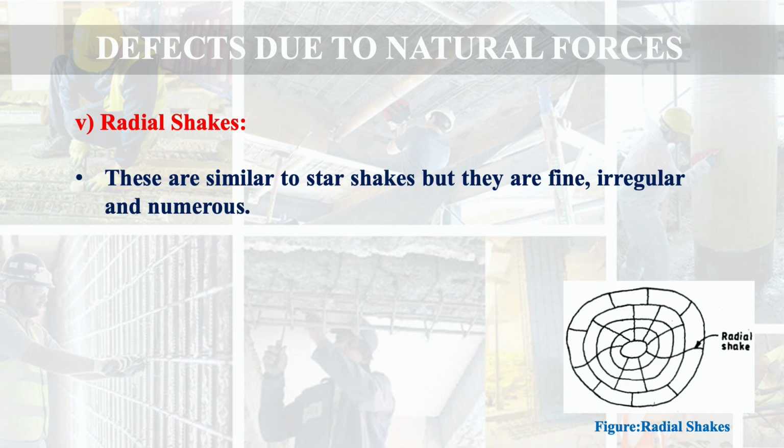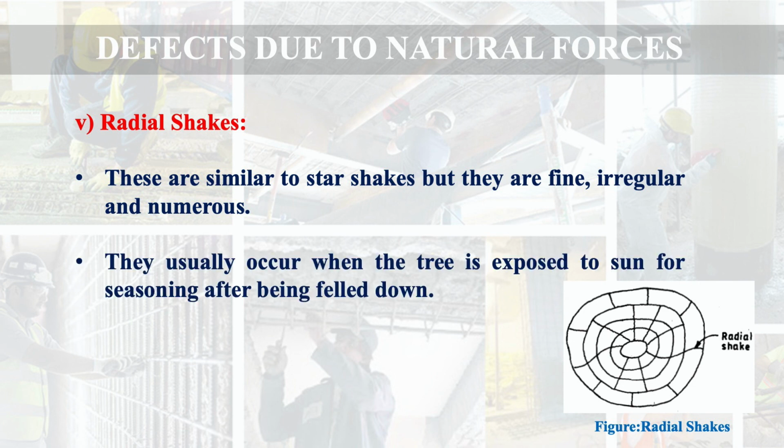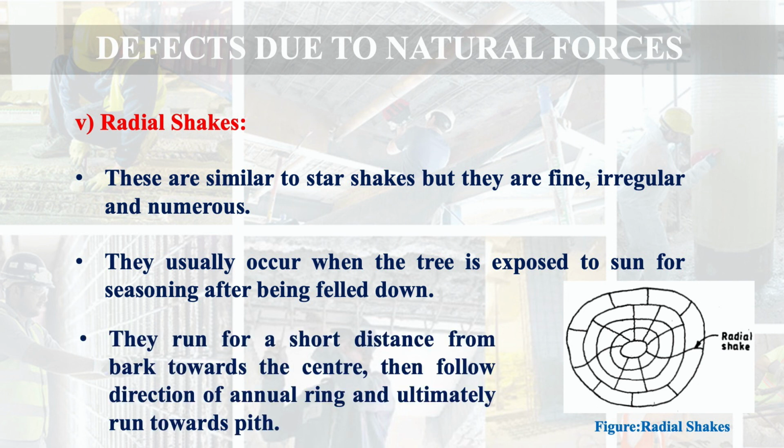These are similar to star shakes, but they are fine, irregular and numerous. This is the difference between the star shake and radial shake. They usually occur when the tree is exposed to sun for seasoning after being felled down. They run for a short distance from bark towards the center. Then they follow direction of annual ring and ultimately run towards pith. Here you see in this picture the radial shakes.